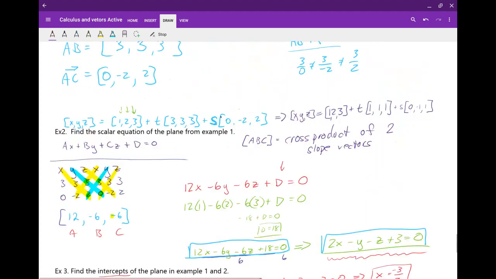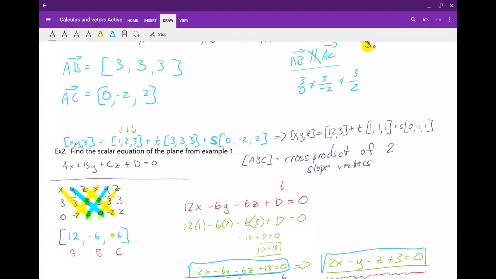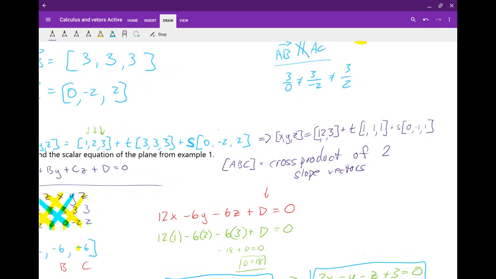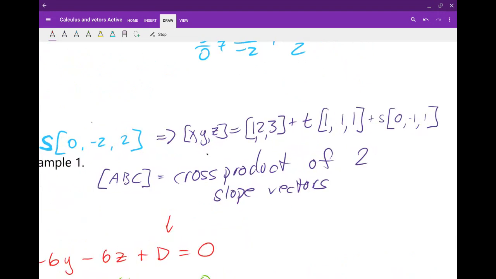How do we find, by the way, the intercepts using the vector equation here? Basically, what you would do is, let me just explain this. I'm not even going to attempt to do it because it's just silly. If I want to find the x-intercept, I set y and z equal to 0. Okay, then I build the parametric equations.